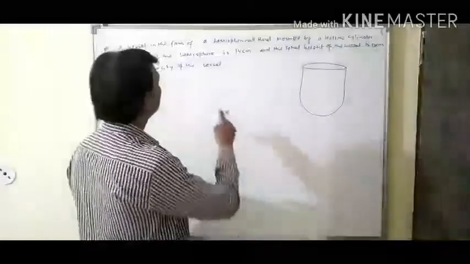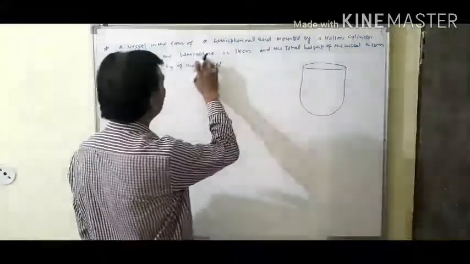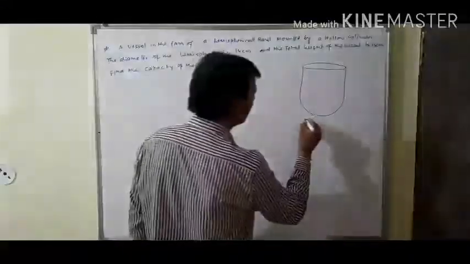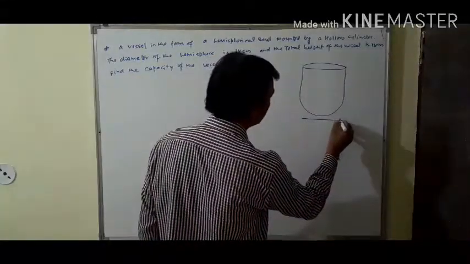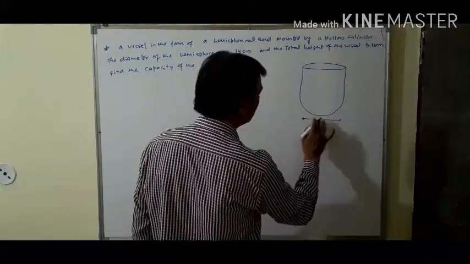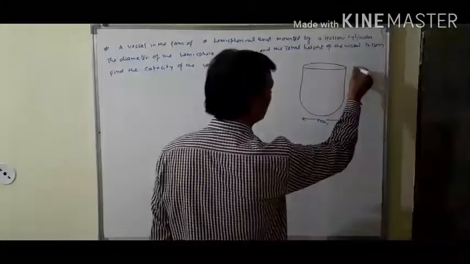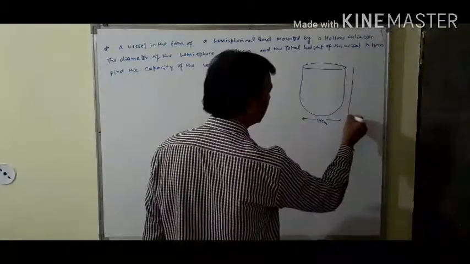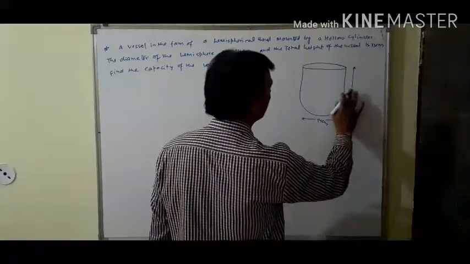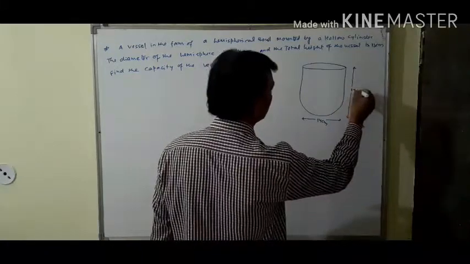The diameter of the hemispherical part, that means d equal to 14 centimeter, while the total height is equal to 13 centimeter.